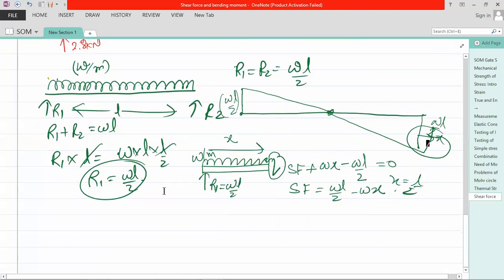Now, does anyone have a problem in this figure? Okay, is someone getting something or nothing? Can someone please say? If you don't get it, then I will explain again.